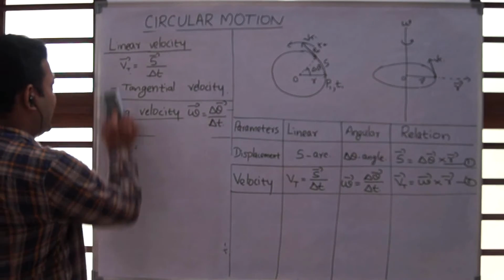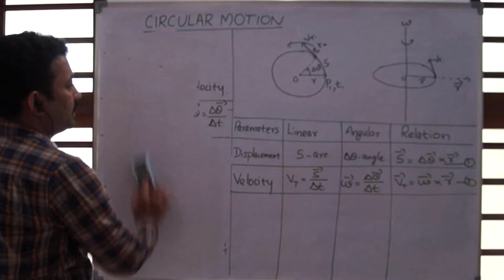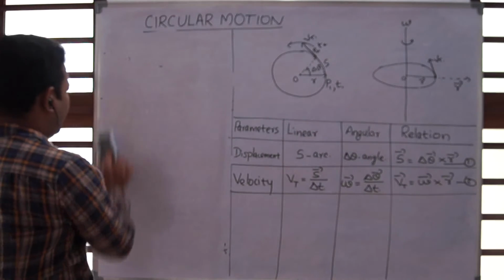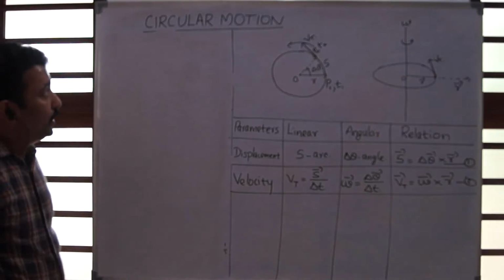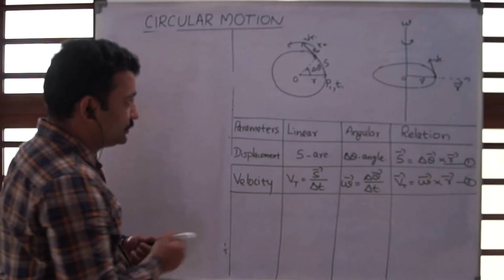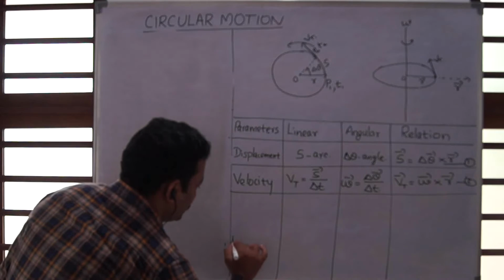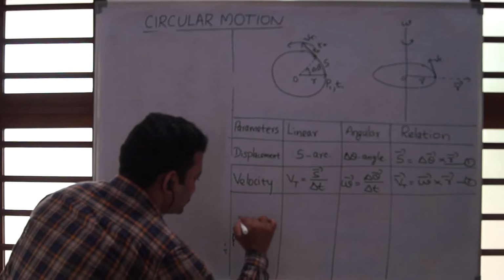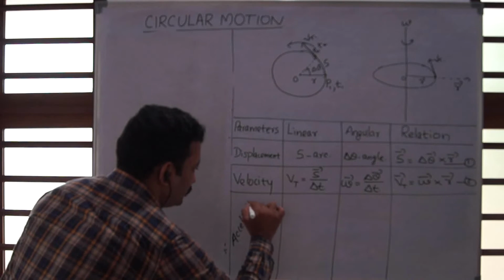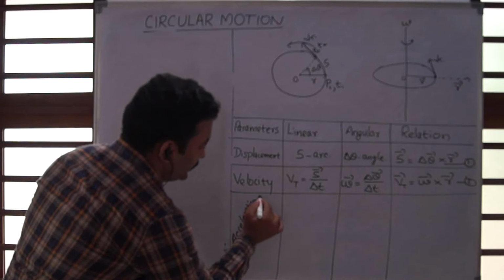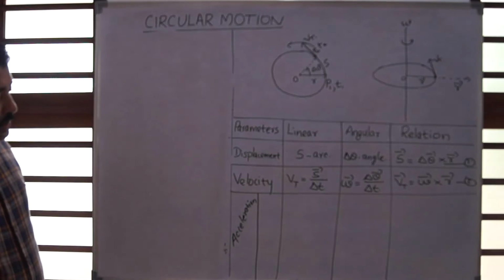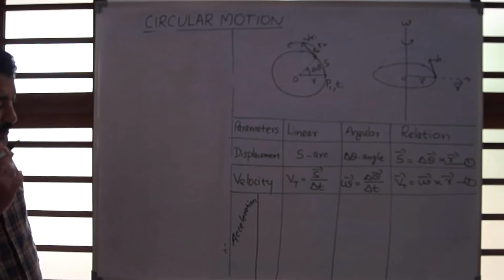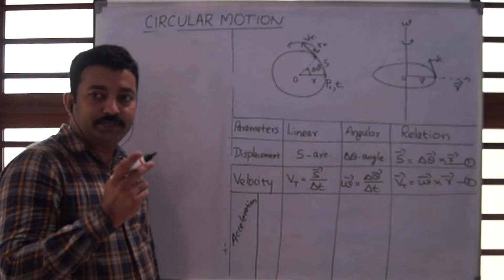Now we are into the next aspect, the concepts of acceleration. When you are studying acceleration for circular motion, this has many aspects, so we have to have different columns for this, because for any particle, acceleration can happen in two ways.